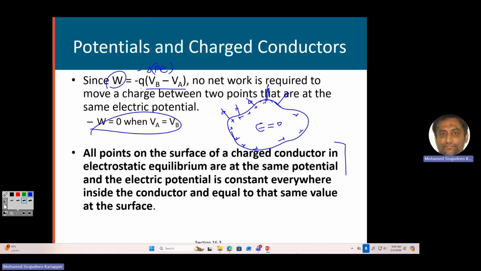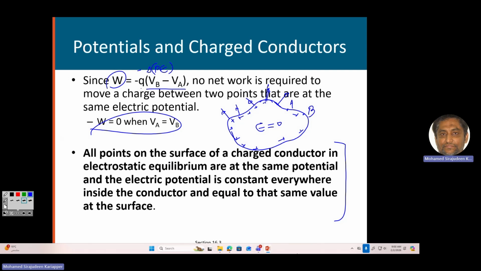Now, knowing this, we can prove what I have emphasized here in bold. All points on the surface of a charged conductor in electrostatic equilibrium are at the same potential. If you take a conductor like this, and take 2 points on its surface, A and B, these 2 points are at the same potential. Any 2 points on the surface of the conductor are at the same potential.